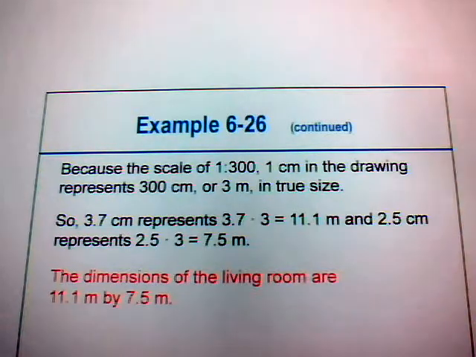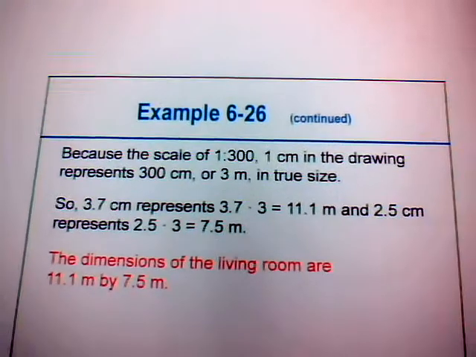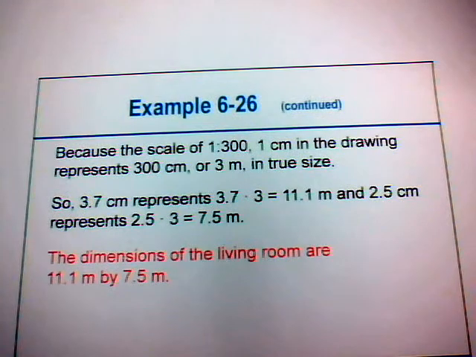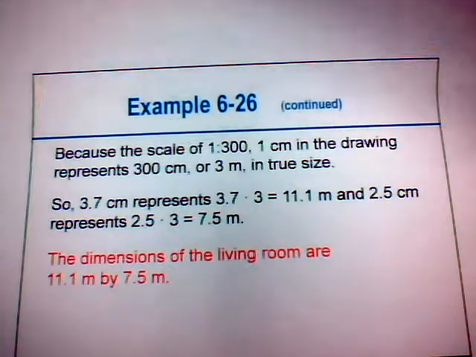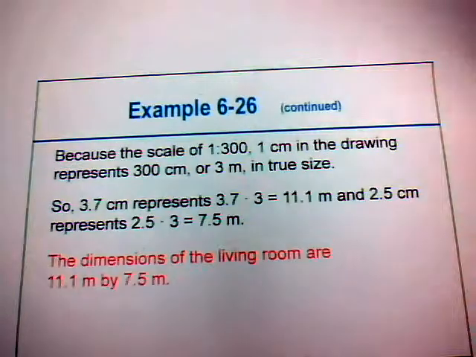So the dimensions of the living room are 11.1 meters by 7.5 meters. That's how, when we're given a scale drawing, it'll give you the scale, and then you can use that to find the actual dimensions in real life.